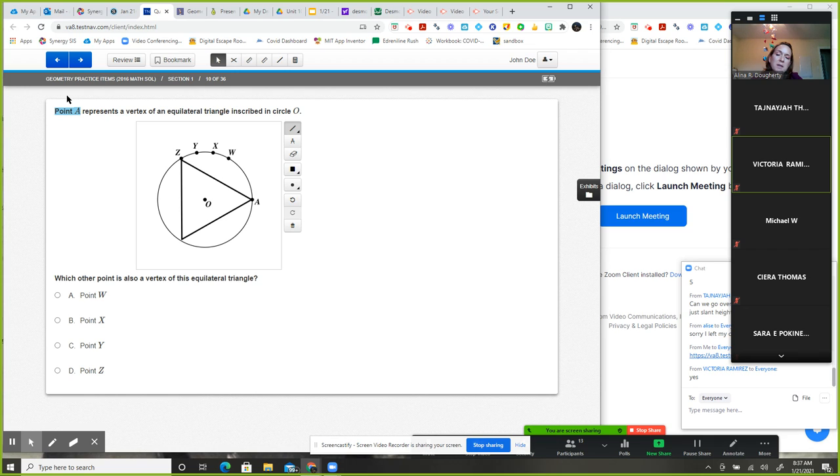This point Z looks like it's going to work. Or maybe it's point Y. Does that look equilateral? Or maybe it's point X. I think the answer is going to be Z.